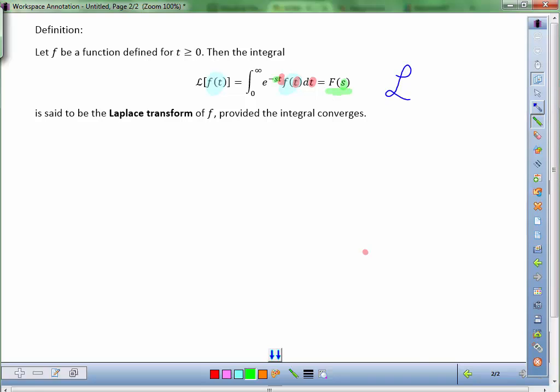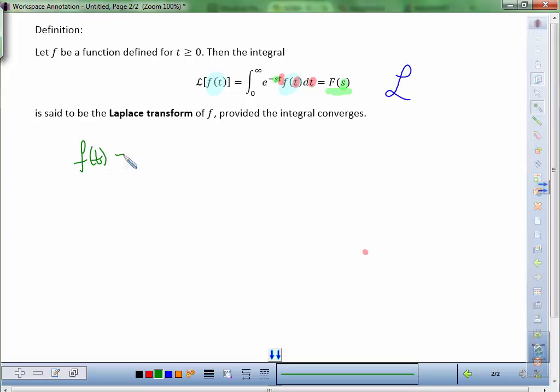Anyways, so let's see if we can do some examples and see how these things transform. And it's nice to take simple functions like, what's a simple function? t. Let's start with t. Let's see where t goes.